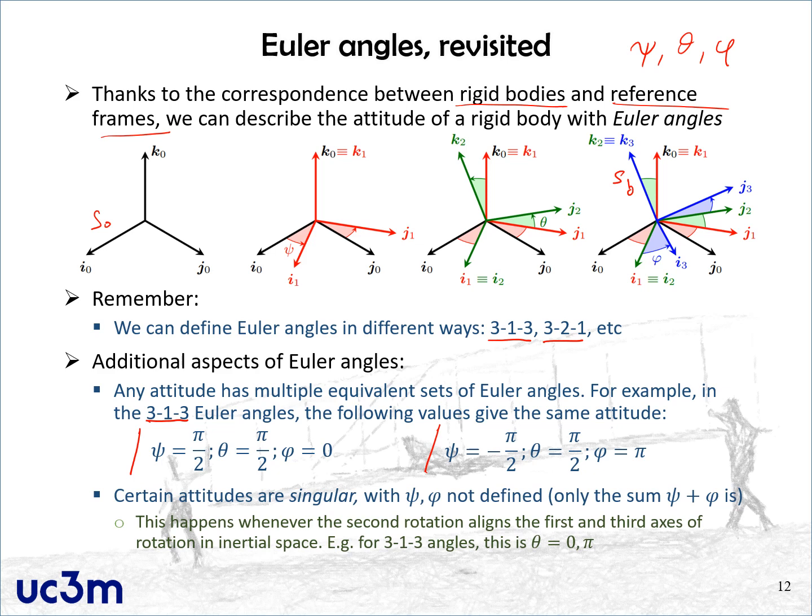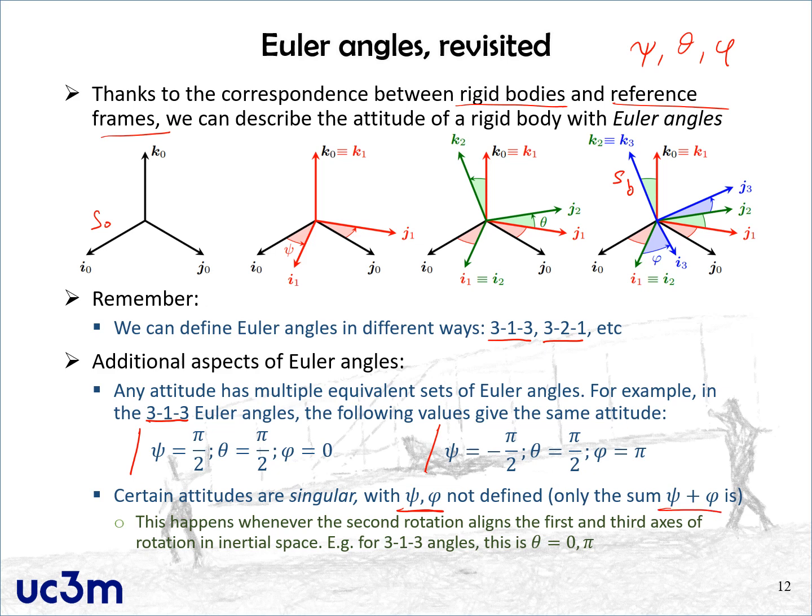The other aspect that wasn't mentioned on previous lectures is that in addition to this, some specific attitudes are singular with respect to some type of Euler angles. All right, and this happens when the second rotation makes the first and third rotation axis to coincide in inertial space. Okay, in that case, the angles psi and phi are not well defined, and only the sum is correctly defined.